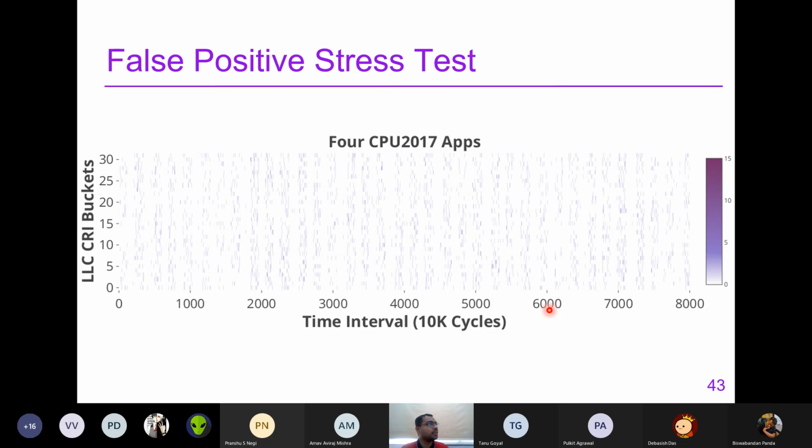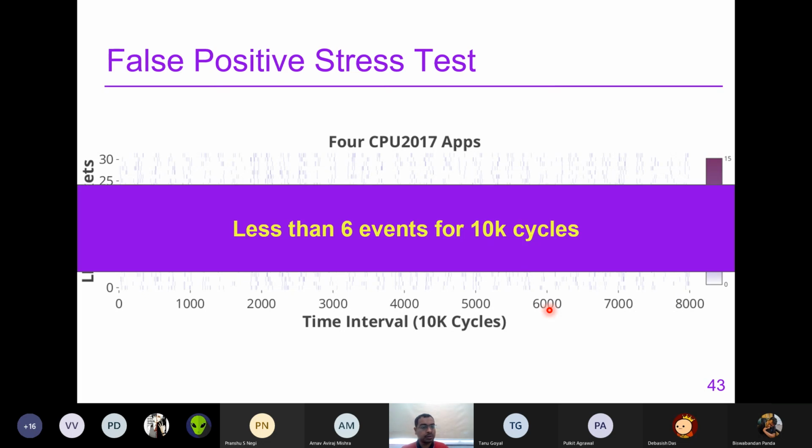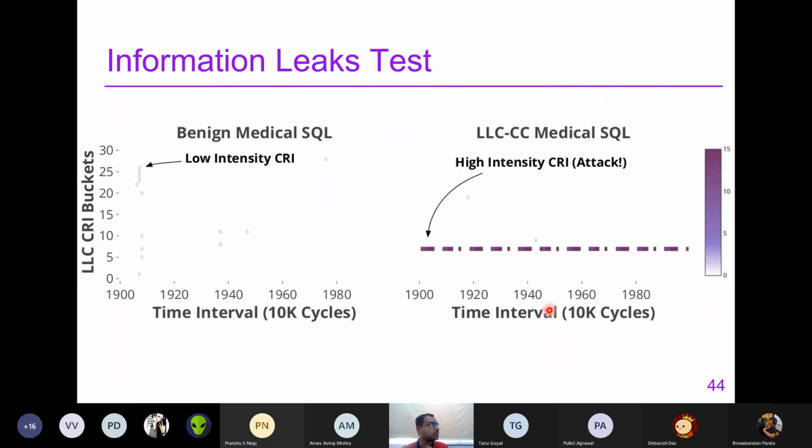Wherever a dot is there, it is a false positive. Since it is very light, there are very few false positives. They have observed that fewer than 6 false positives are occurring per 10 kilocycles. And then this is the information leak test.